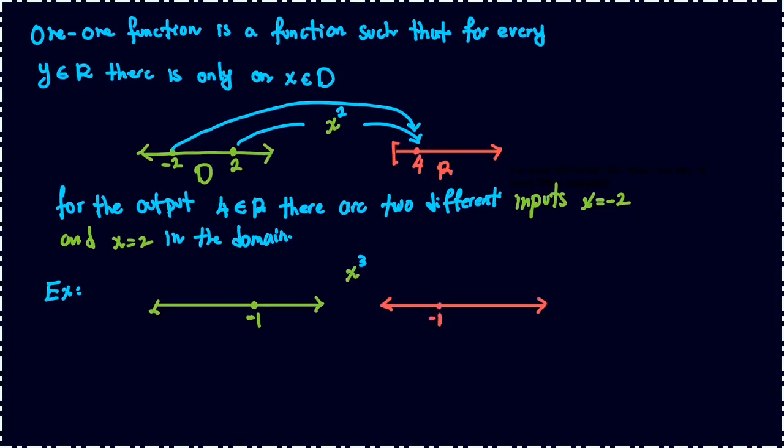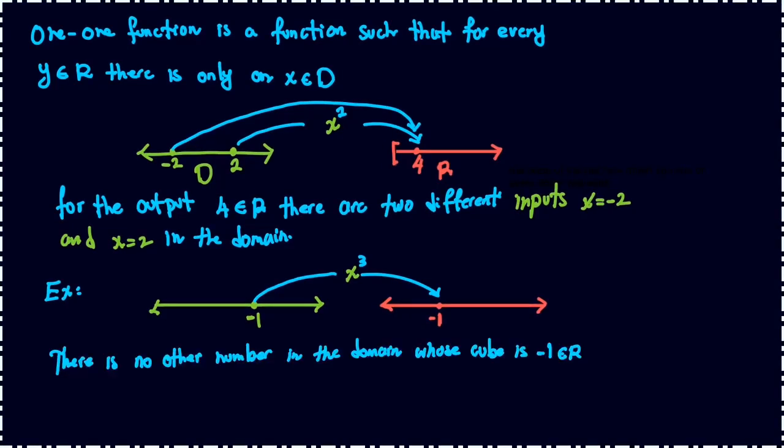You are not going to be able to find another number in the domain that will give you an output of -1 in the range. There's no way that I can find another number in the green set that I cube and I get -1 as the output. This is an example of a one-to-one function.